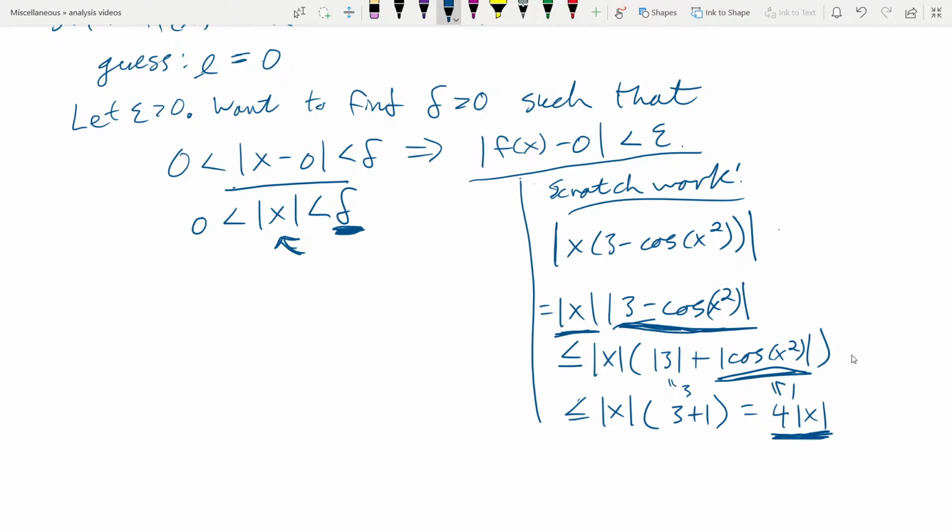An error for the x variable, which would bound our error of f of x from 0 by epsilon. Well, this will be less than epsilon, provided absolute value of x is less than epsilon over 4. So we want to set delta equal to epsilon over 4.